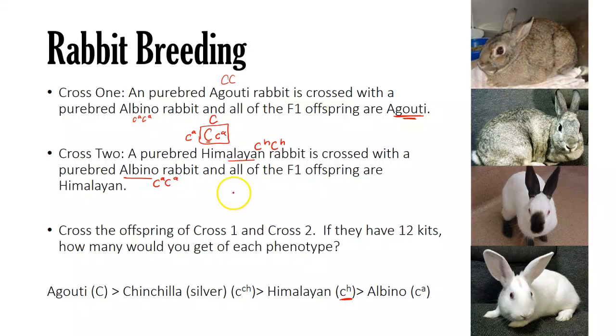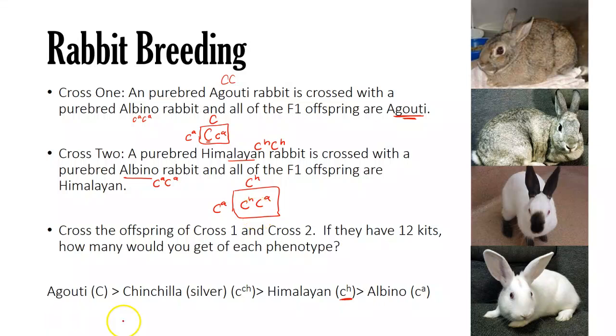If I cross these together, my Himalayan rabbit can only give this allele, and my albino rabbit can only give this allele. If I bring them together, I have a Himalayan allele and an albino allele.